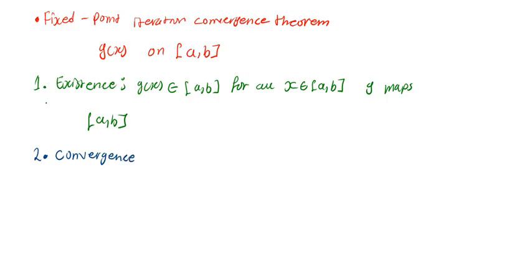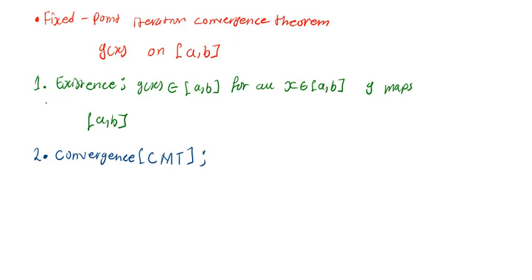Meaning you have to first satisfy the first condition, then you try to get to the second one. For the second condition, maybe in brackets I can indicate that this is the contraction mapping theorem, CMT.